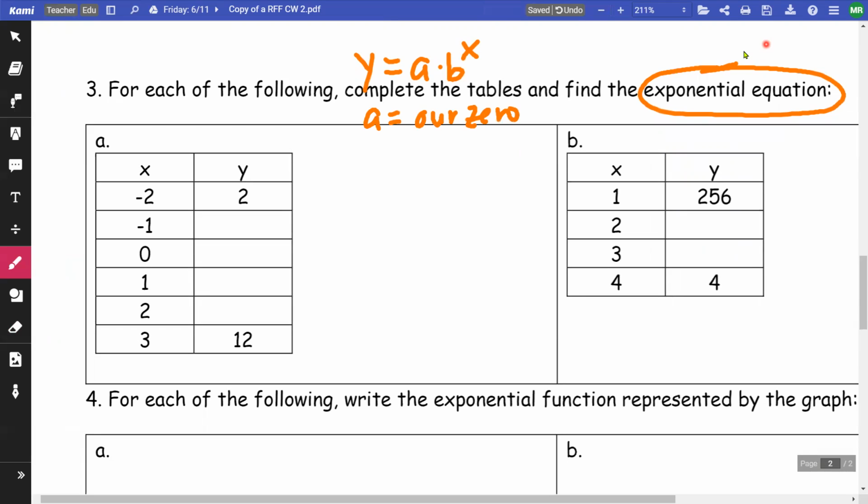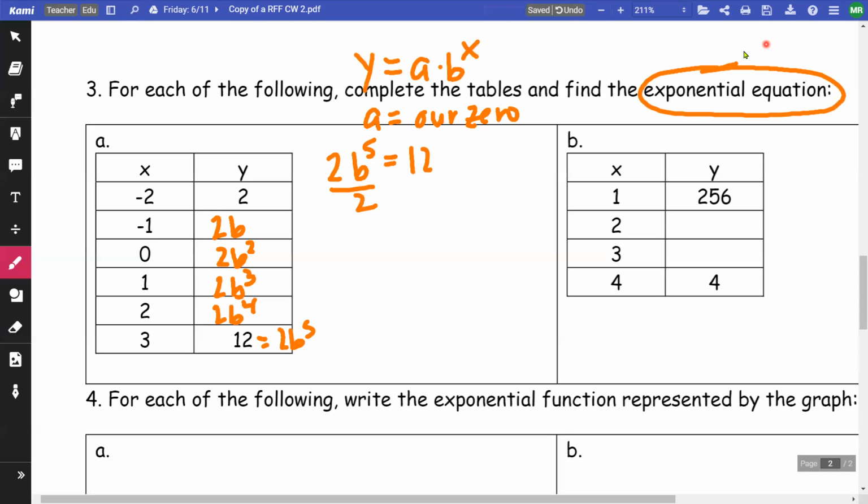So I need to figure out first what my b is. So I'm going to take 2 times b, 2 times b squared, 2 times b cubed, 2 times b to the 4th, which means this is going to be 2 times b to the 5th. So I'm going to get 2b to the 5th is equal to 12.